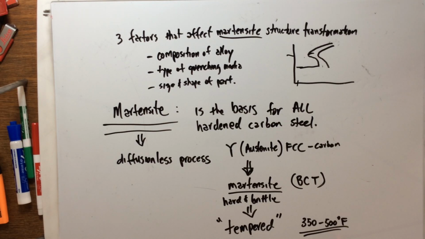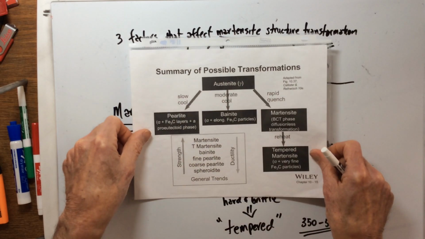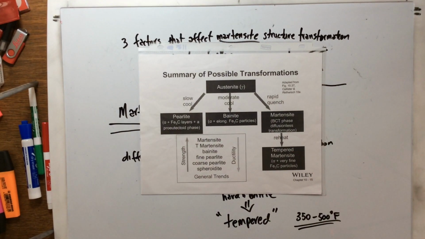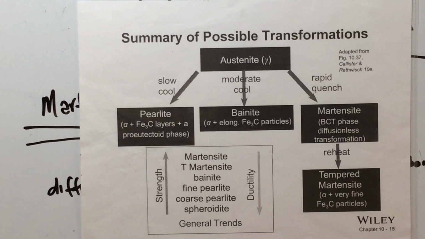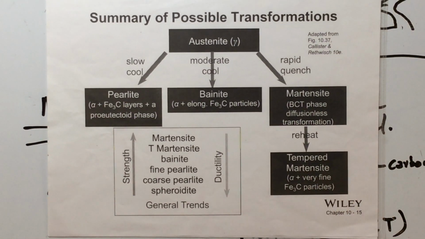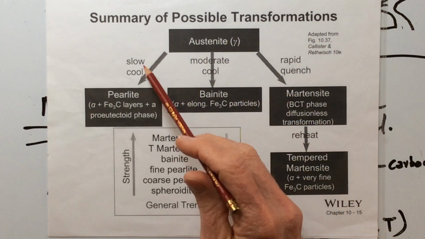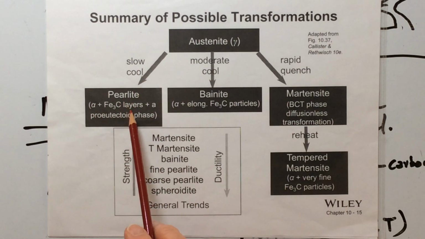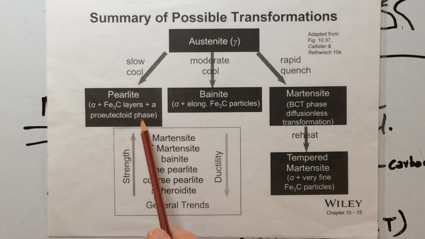I'm going to have to stop there, but actually, real quickly, I think I can get this in. This is what the possible transformations are. Let me blow that up for you right quick. These are the possible transformations that can take place. Real quickly, you can see here from austenite, if you do a slow cool, you're going to end up with pearlite, obviously with these different proeutectoid phases potentially.